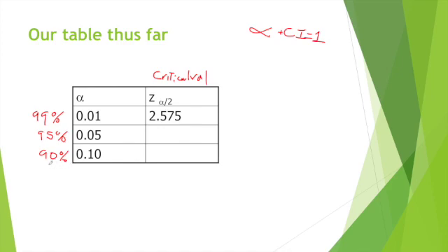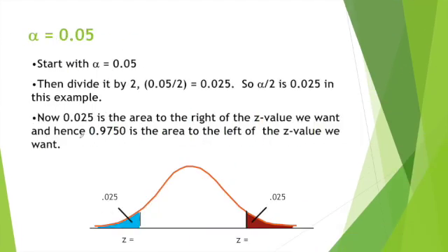So let's keep moving and find our critical z-values. I should finish spelling that word. For our 95% confidence interval, now let's take alpha to be 0.05. We divide it by 2.